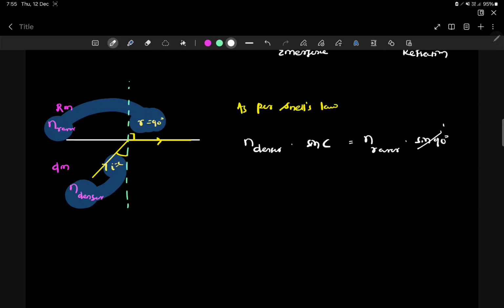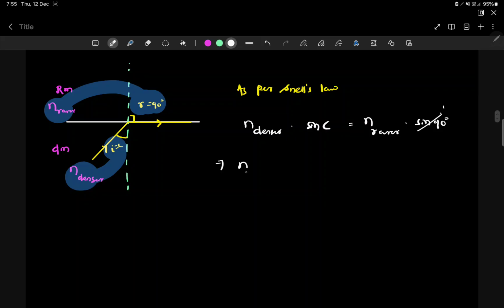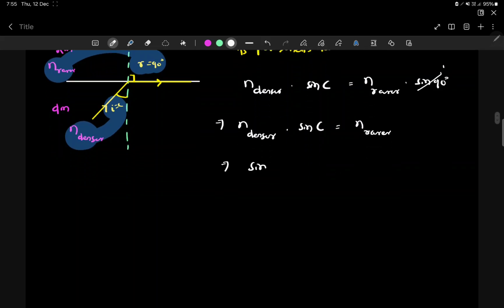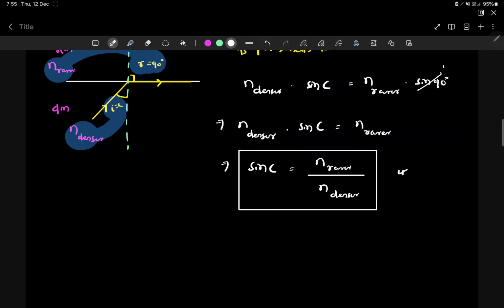Sin 90 is 1. So we can write refractive index of denser into sin c is equal to refractive index of rarer. That means sin c is equal to refractive index of rarer medium divided by refractive index of denser medium. Always keep this formula in your mind.